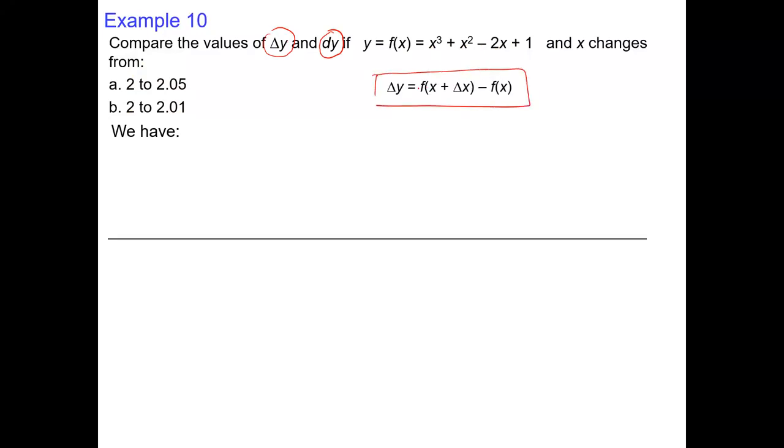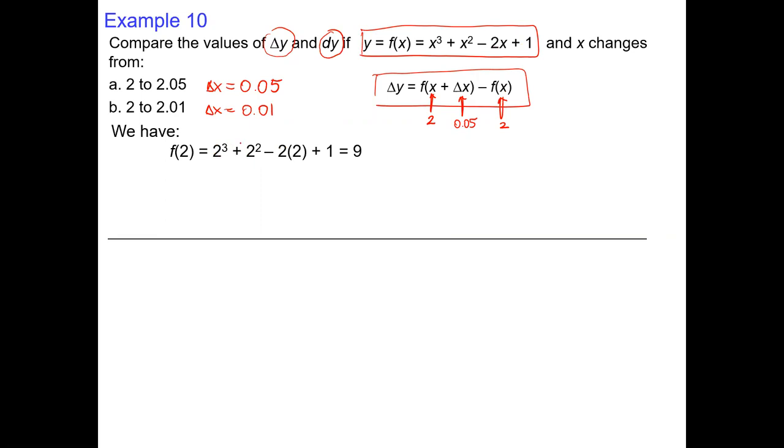Okay, delta y. How can I compute delta y? We remember the top value, f of x plus delta x, minus the bottom value, f of x. Delta x is just 0.05. Delta x for point B will be 0.1. This is f of 2, because x will be the value 2, and we're going away 0.05 units. f of 2 is simply the formula for the polynomial, and instead of x we put 2.